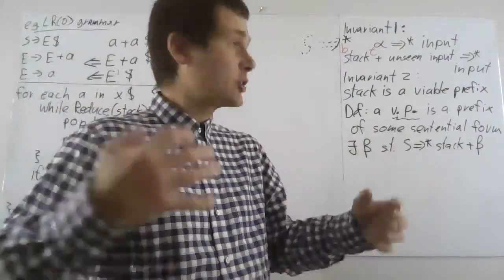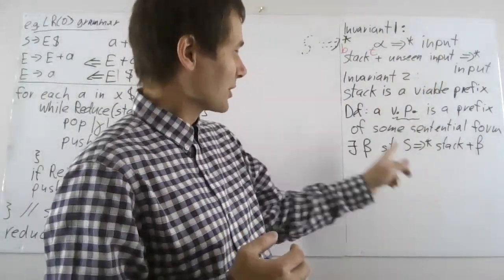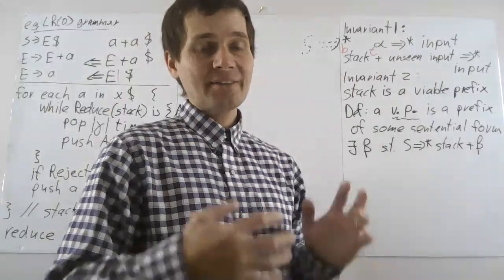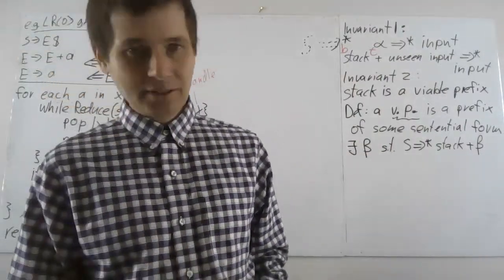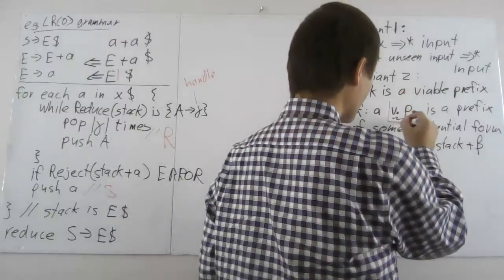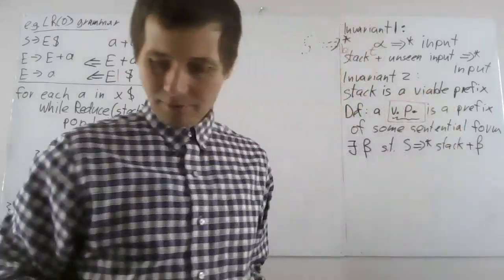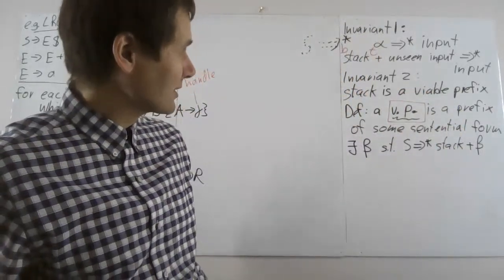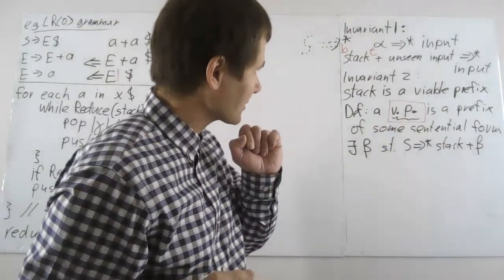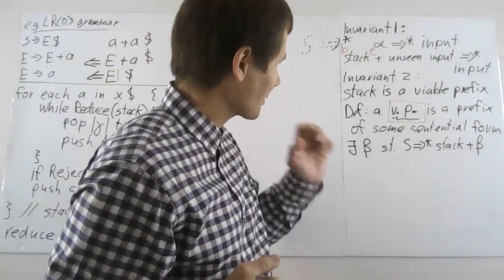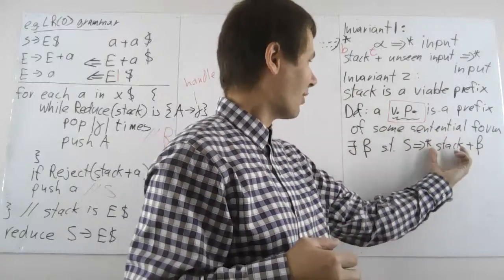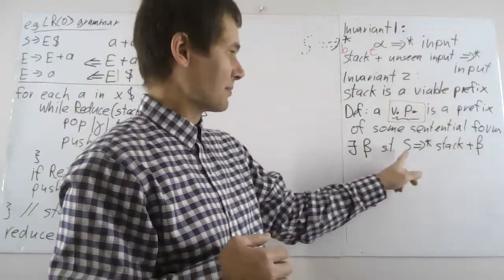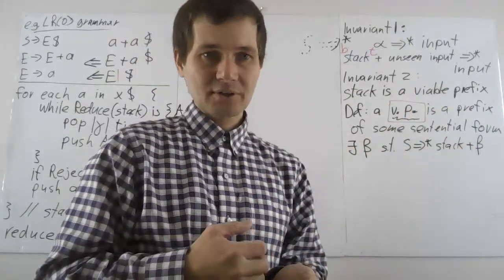No matter how good the rest of the input is, we're never going to reach S, and that's where we're going to give up. Okay, so this idea of a viable prefix is a really key concept in defining reduce and reject. So once again, the stack has to always be a prefix of something that you can derive from the start symbol.